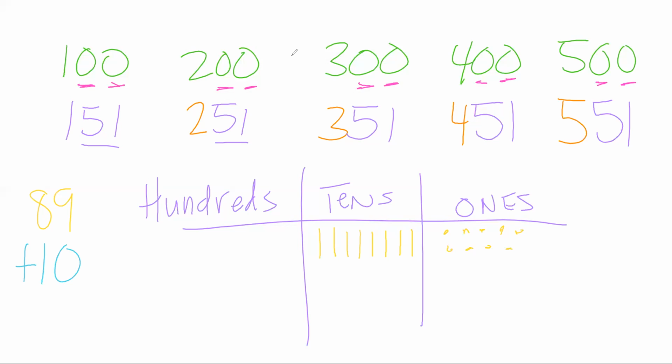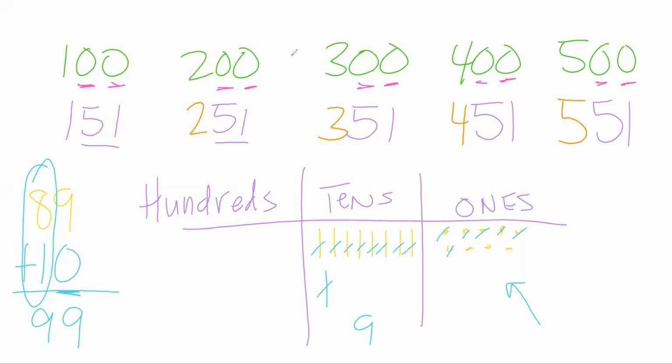Well, if I added 10 more to my model over here, you'll see there's a 0 in the ones place, so nothing goes over here. And then here would be 8 plus 1, so I have to add 1 to the tens place. And this would be 99, right? 9 plus 0, 8 plus 1. And modeling wise, 1, 2, 3, 4, 5, 6, 7, 8, 9. So there you have it again. Notice the only thing that changed was the tens place because I'm only adding a 10.